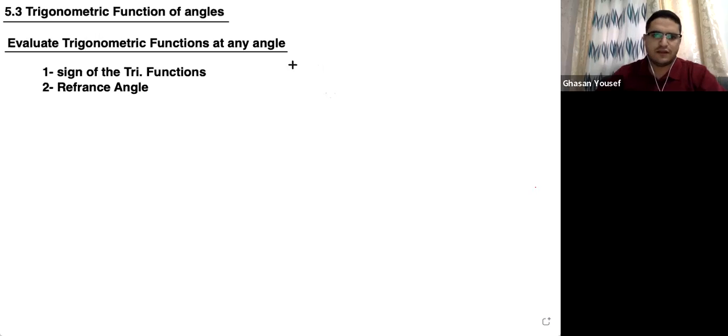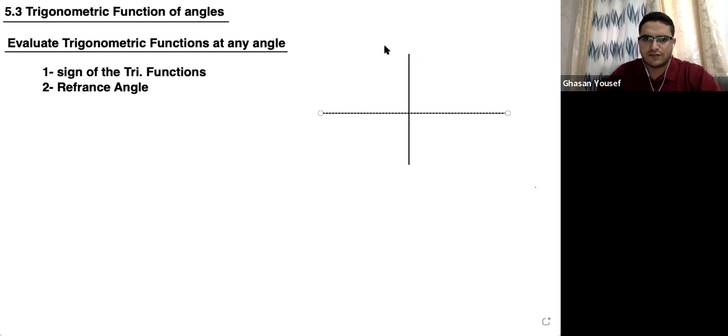For example, in the first quadrant here, all functions must be positive. The sign for any angle in this position must be positive.